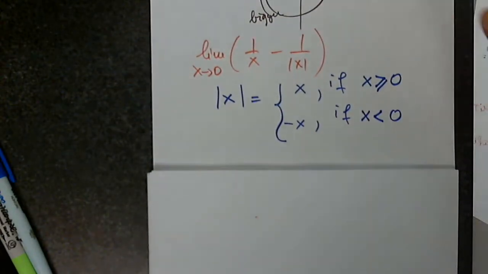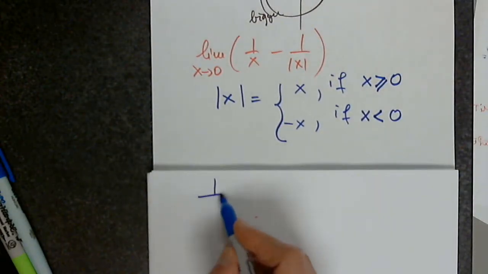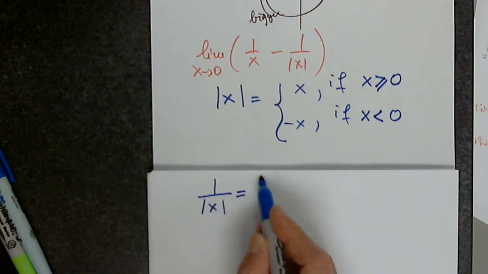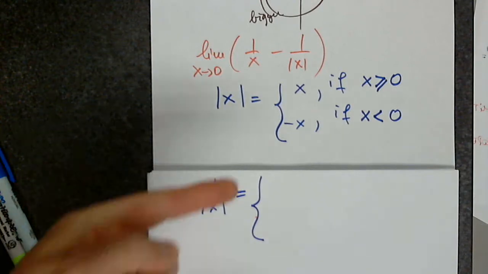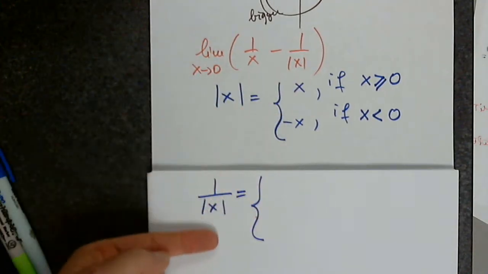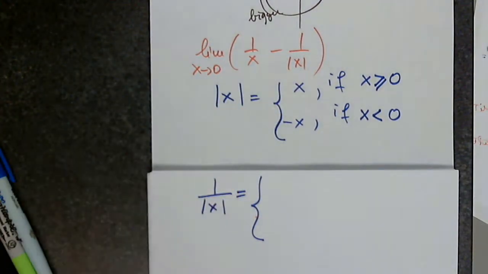Here's the next step. Now I have to simplify 1 divided by the absolute value of x. Can anyone give us the options? Knowing that the absolute value can be either x or negative x, what are the options now for this expression?